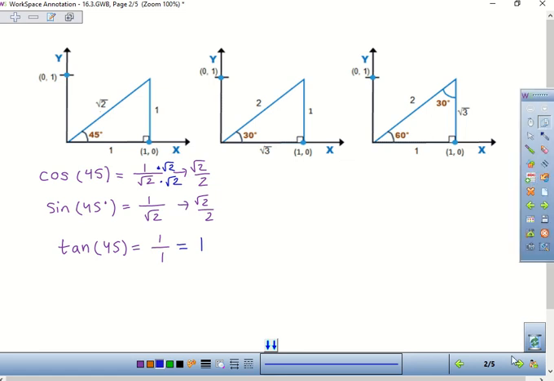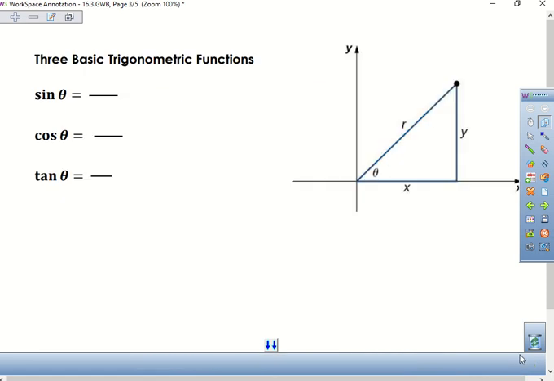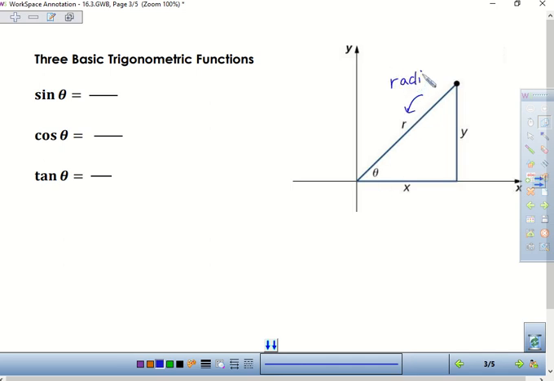Okay. So the main takeaway right now is the fact that we can come up with sine and cosine given a triangle by using those rules. So we know that this right here represents the radius of the unit circle, right? And we know that this is the vertical and this is the horizontal.